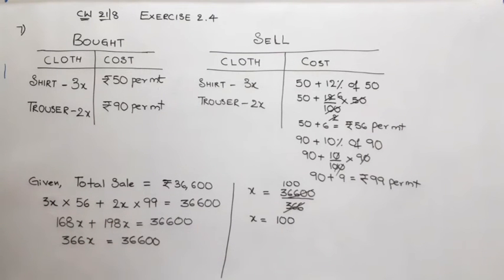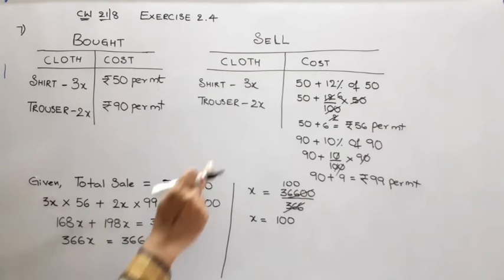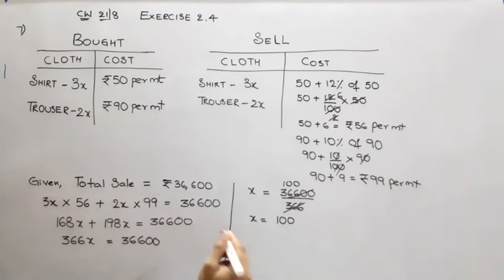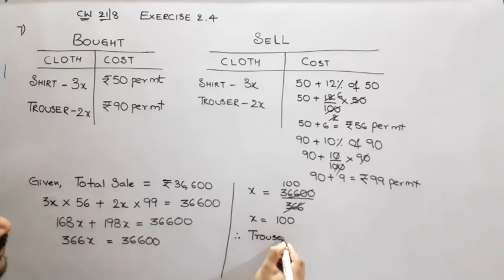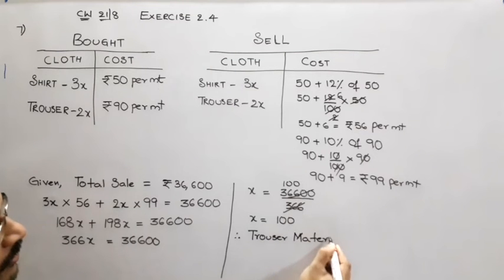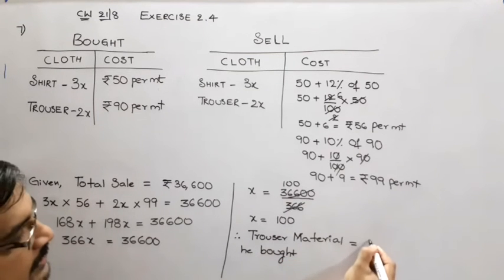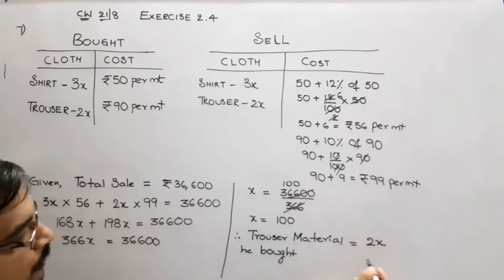Now what exactly is being asked in the question? How much trouser material? Look, what is the trouser material he bought? 2x. Therefore, trouser material he bought is equal to 2x.